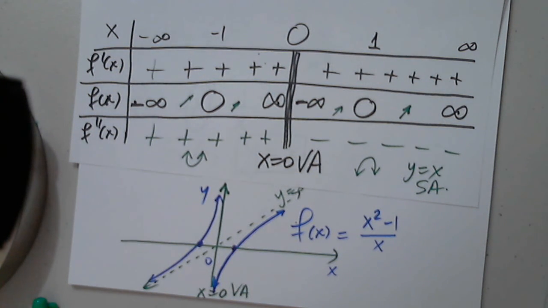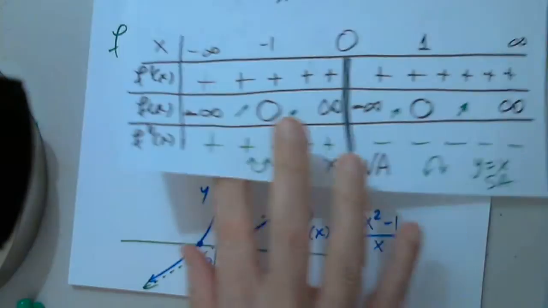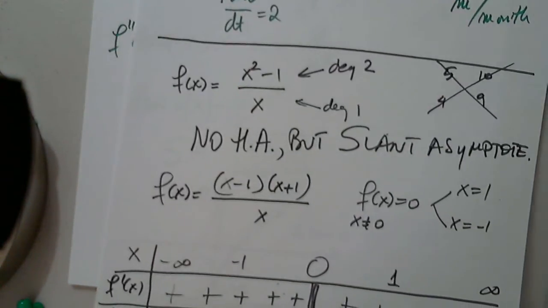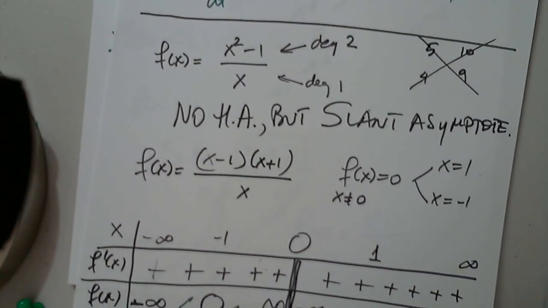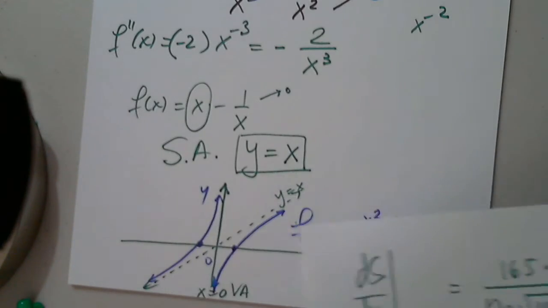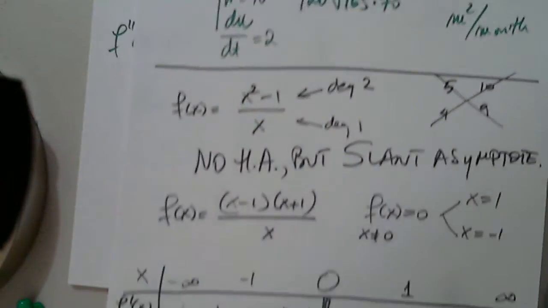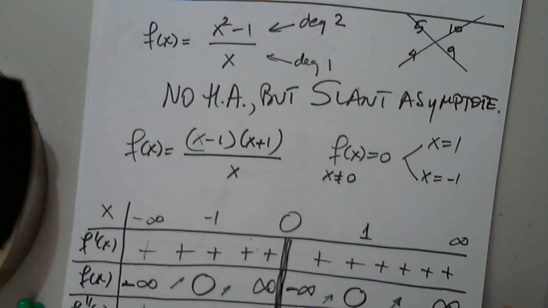I think that this is too much work for a test or final exam. This was a simple function that I selected. So I'm not going to test you on graphing something like this with a slant asymptote. But I will potentially ask, does this function have a slant asymptote?